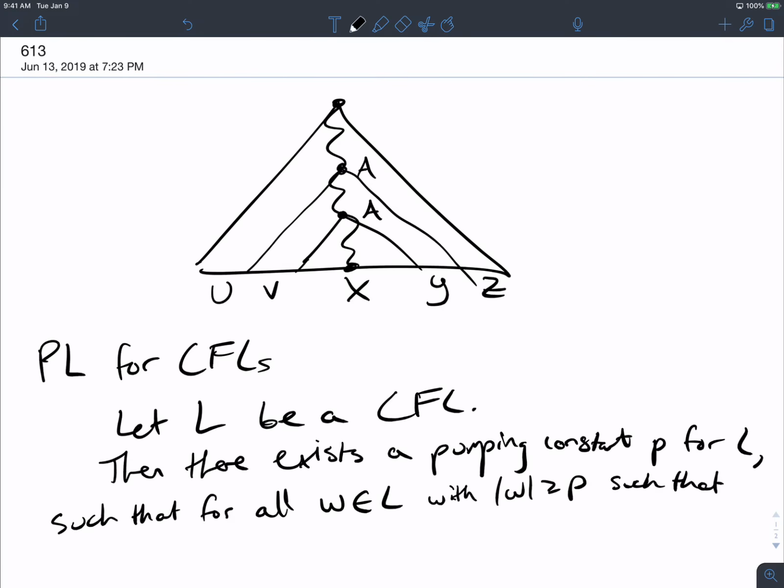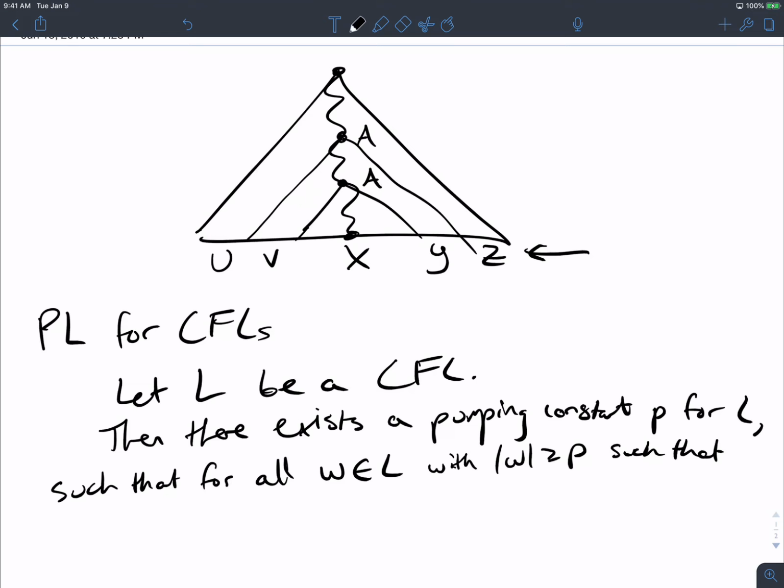Well, could it be possible a different one works if I just picked a different set of rules to do? It could certainly be possible. So we only require that there's one decomposition such that we can pump as much as we want. But when we try to prove something is not regular or not context-free, we want to show every decomposition does not work. Because if I leave one out, that could be the one that pumps and works.